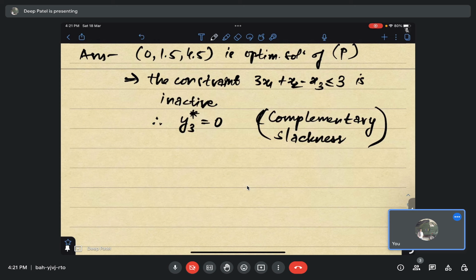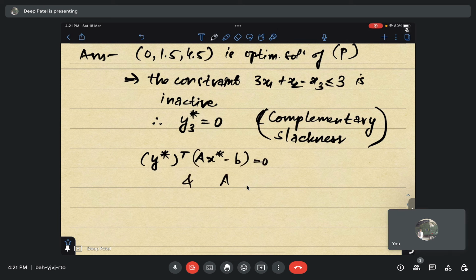So what you're saying is y star transpose (A x star minus b) is 0, and (A transpose y star minus c) transpose x star is 0.